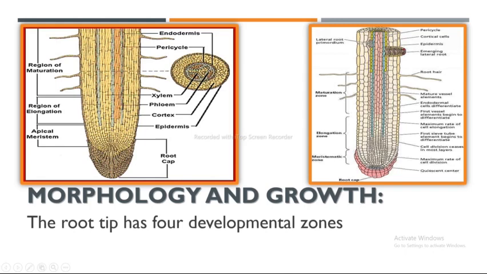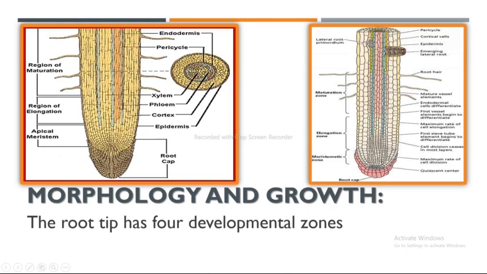In the second figure, you can see that there are three regions or three zones. Maturation zone, which includes the mature vessel elements. Mature vessel elements are included in maturation zone, and endodermal cells differentiate.